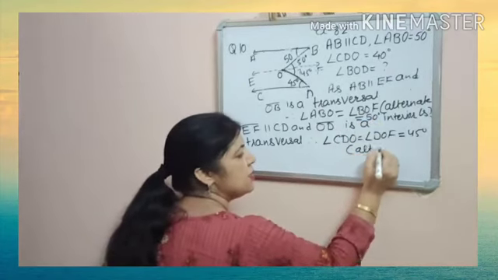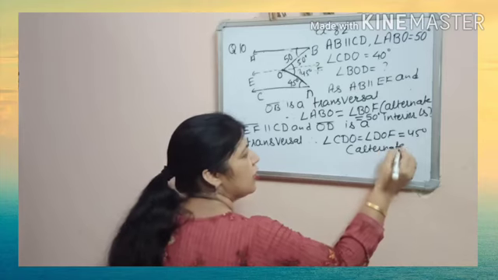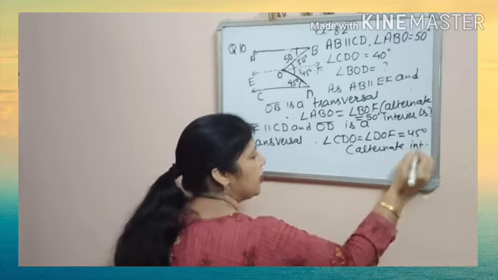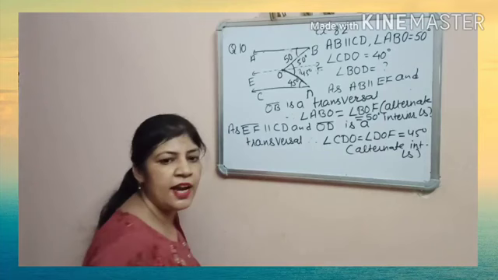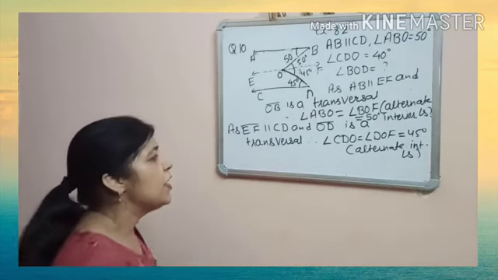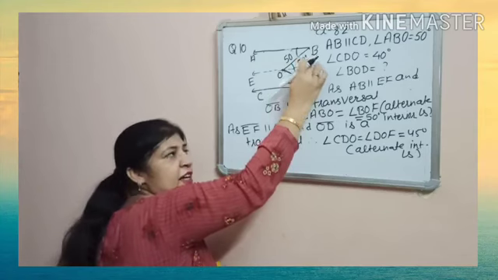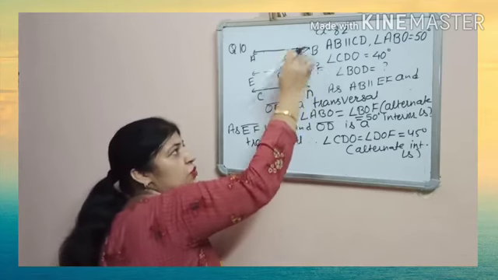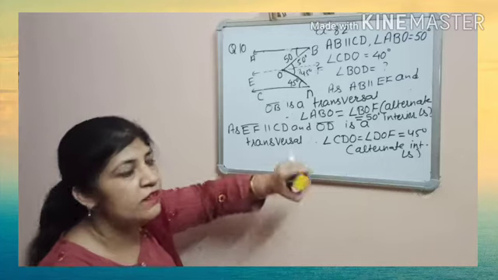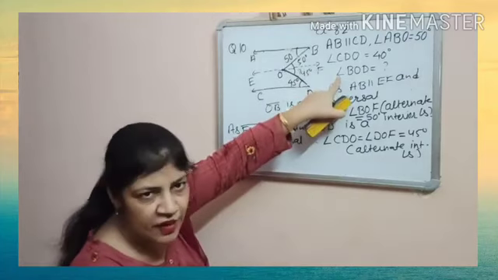By the same reason, alternate interior angles. Clear? Now you have found this angle as well as this angle. When you add these two angles, you will get angle BOD, which we want to find.